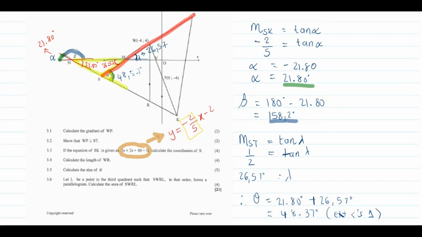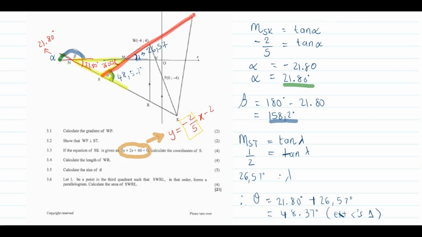We see that this angle is an angle outside our triangle SNM. So that means we need the angle N inside our triangle SNM, and we also need the angle M inside our triangle SNM. Our angle N is a vertically opposite angle to our angle alpha, meaning that angle N is equal to 21.80.